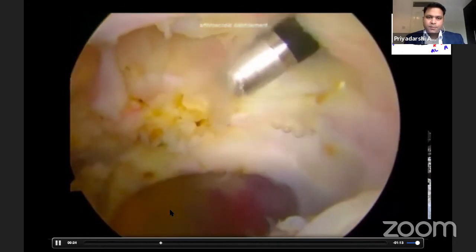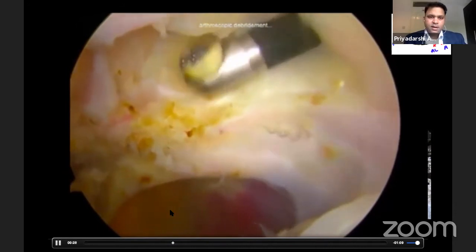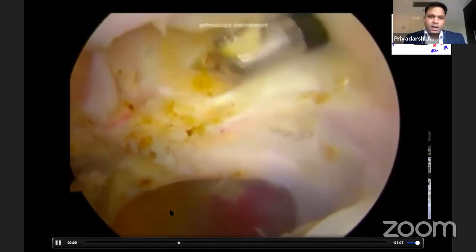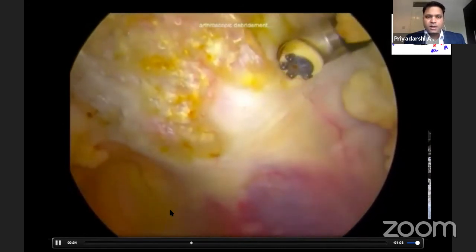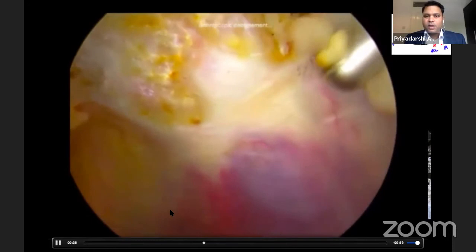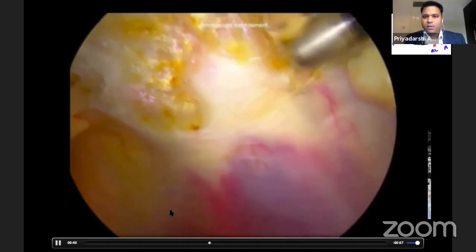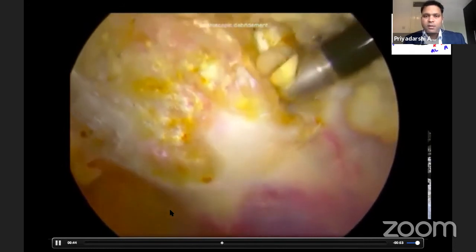And then the coracoid process is felt, and the tissues overlying it are resected, and gradually the coracoid is denuded along its inferior aspect. Now the coracoacromial ligament is being detached, and you can appreciate the attachment of the conjoint tendon to the coracoacromial ligament.